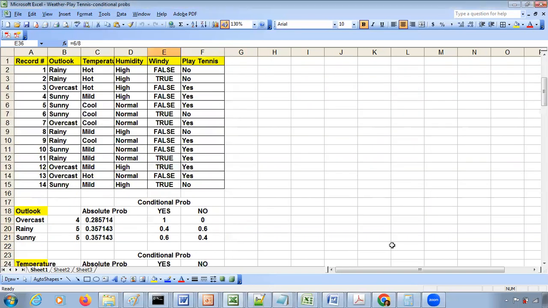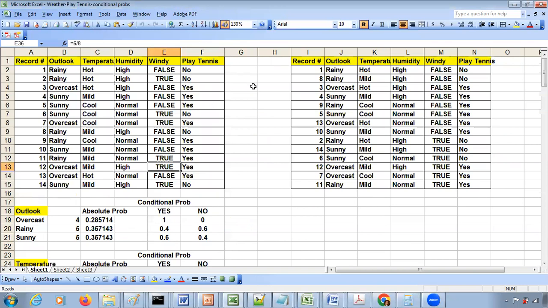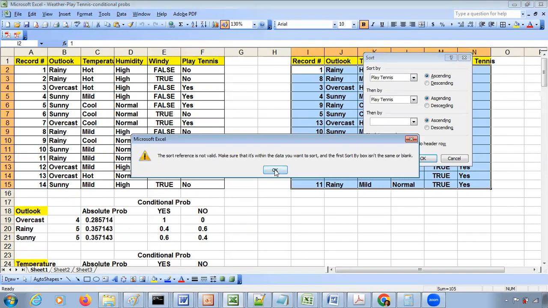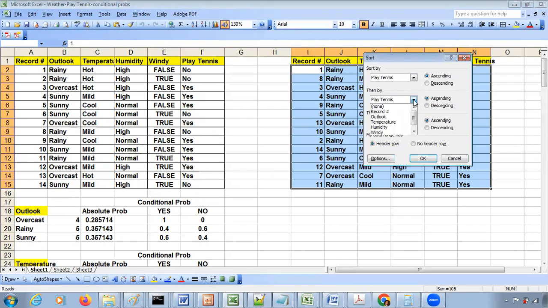So among all the records over here, we have to find out how many have yes as they play tennis. That's the unconditional probability. So we'll simply sort by play tennis. We cannot sort it more than once.